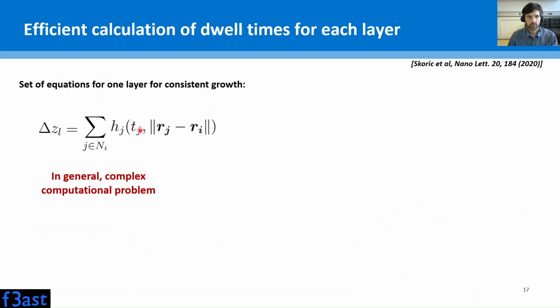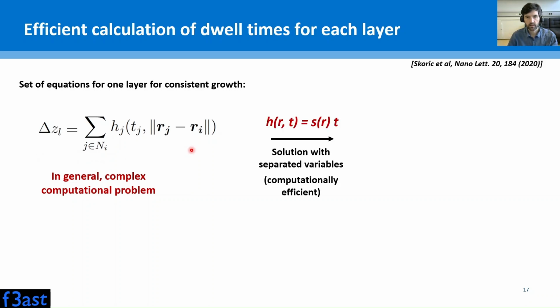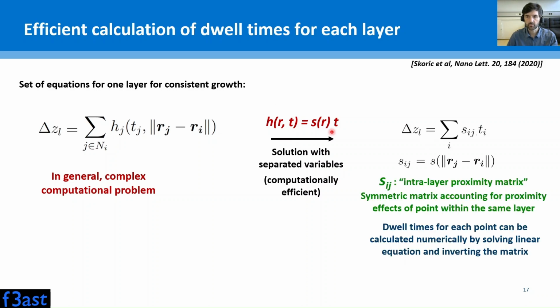So coming back to the set of equations that describe the height of one layer for consistent growth, you remember that in general it's a very complex computational problem, but if we make these assumptions that I explained before, the height can be separated in variables, and as a consequence, this equation can be expressed simply like this, where the height of a given layer will be equal to the sum of all the points that I have been dwelling times this intra-layer proximity matrix, which is a symmetric matrix accounting for proximity effects of points within the same layer.